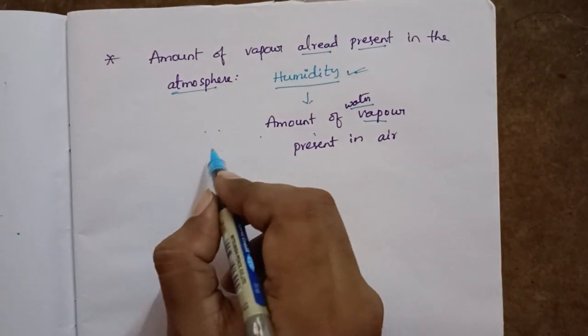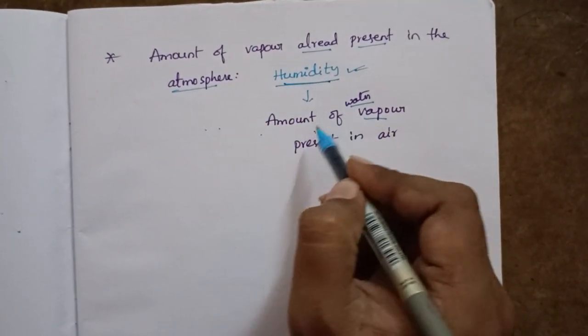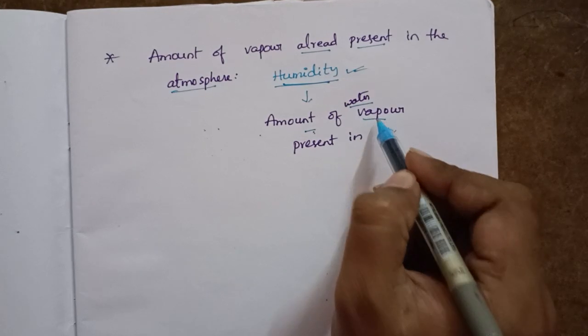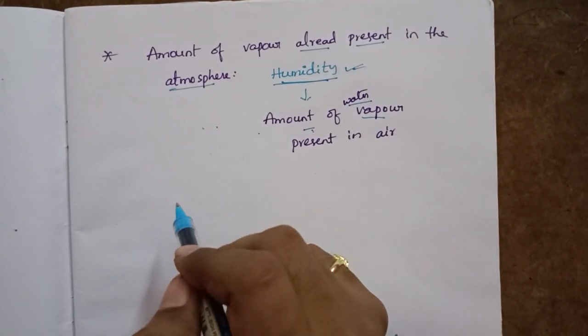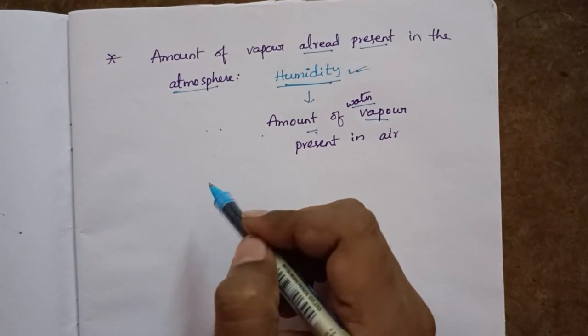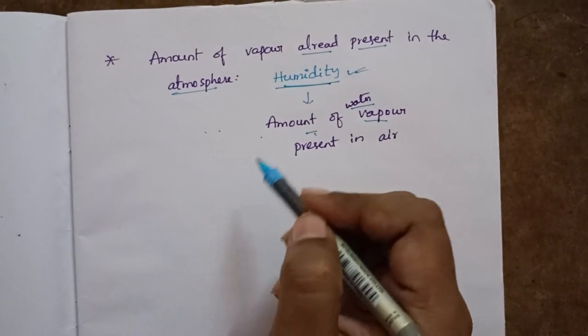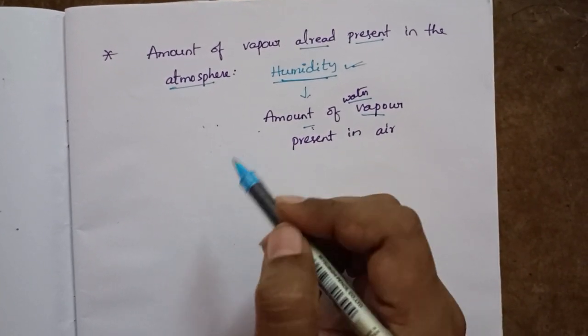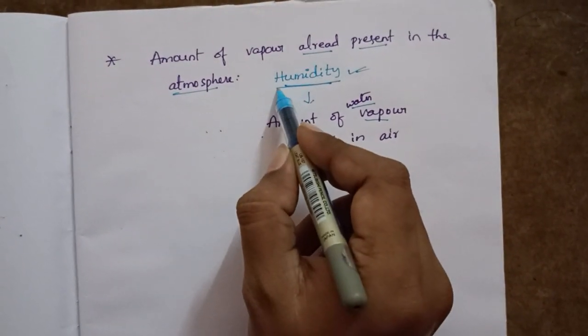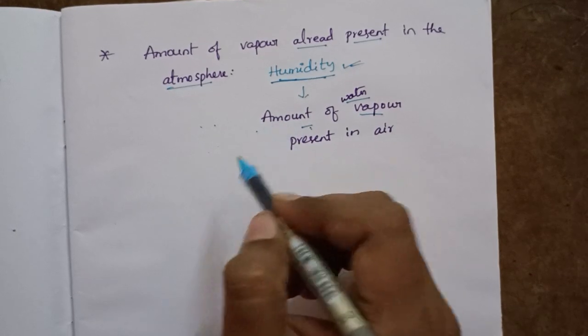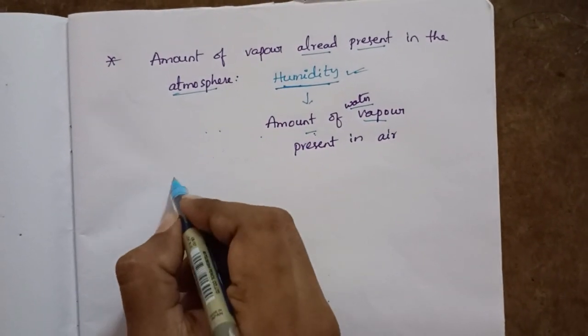Now more humidity means more water vapor present in the air. If the air already has more water vapor, there is no chance for the molecules to escape, no chance to evaporate. That's why when there is more humidity, there will be less evaporation.